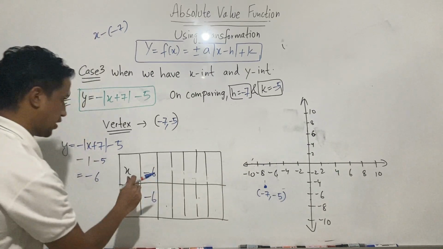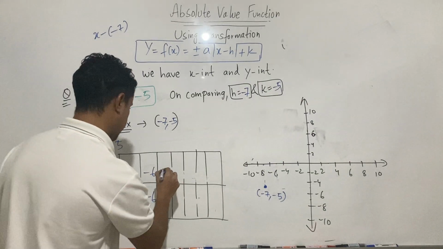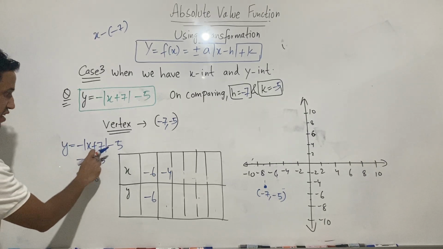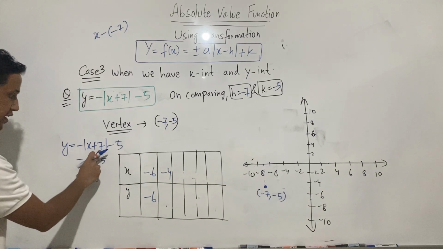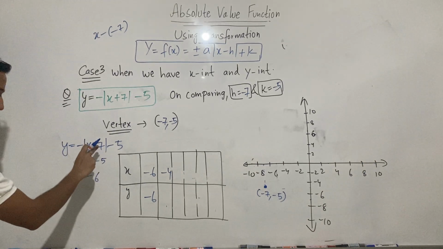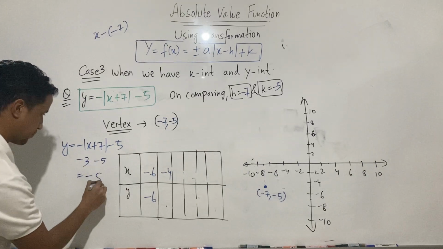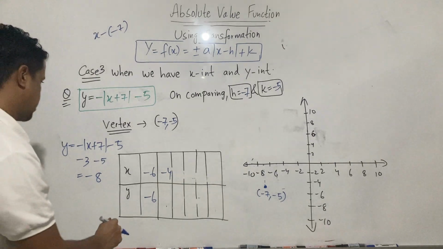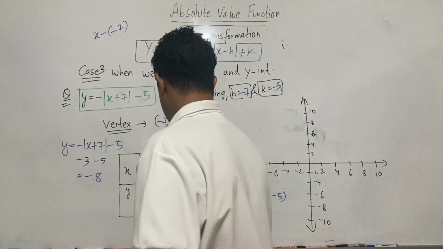Now for minus 4: minus 4 plus 7 is 3, modulus of 3 is 3, negative 3, minus 5 is minus 8.